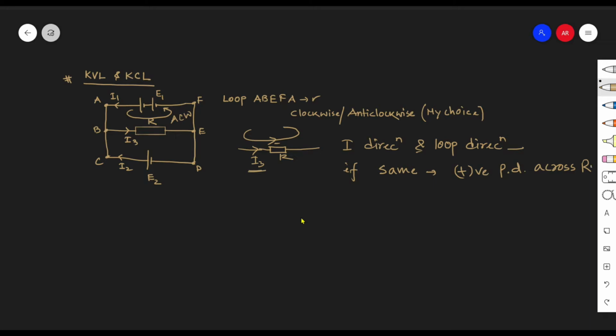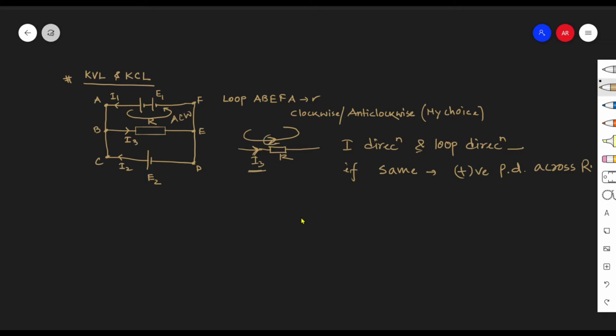Now see the loop that I wrote here, A, B, E, F, A. In this loop, current I3 is flowing through this resistor R, and the loop I drew is anticlockwise. So you see the loop direction and current direction are the same in this case.